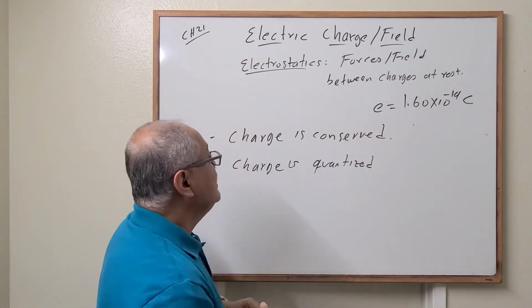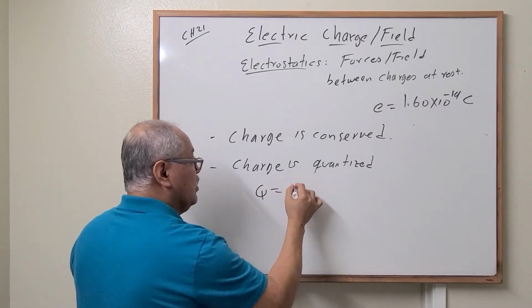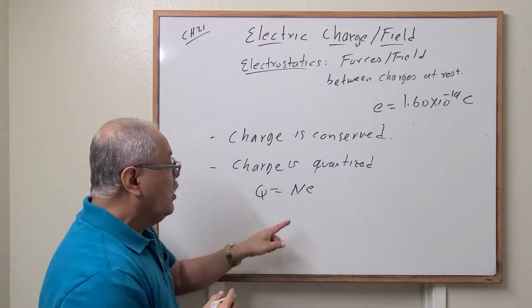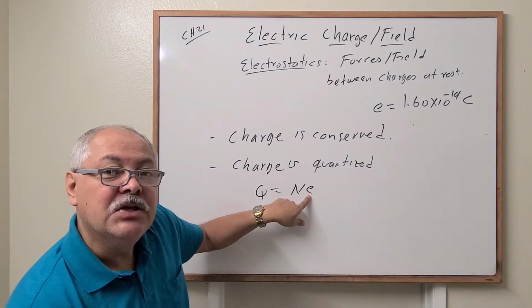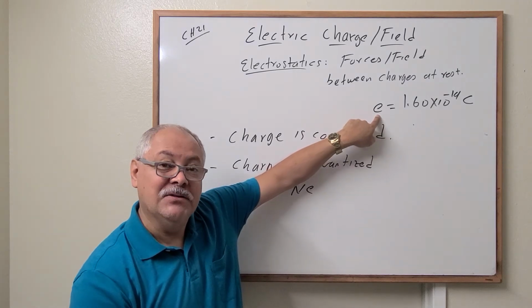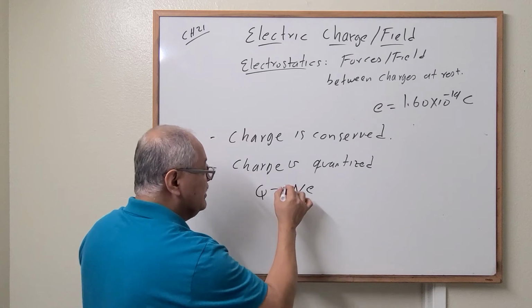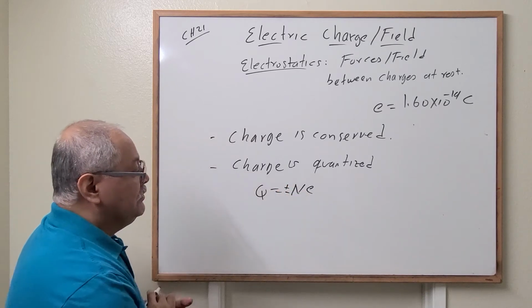Imagine the total charge Q is equal to a whole number multiple of the elementary unit charge, which is the magnitude of the proton or the electron charge.